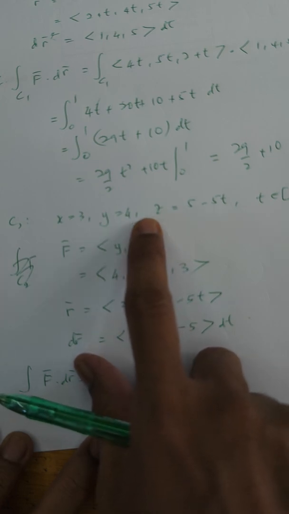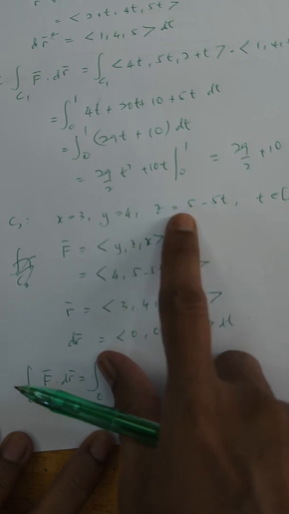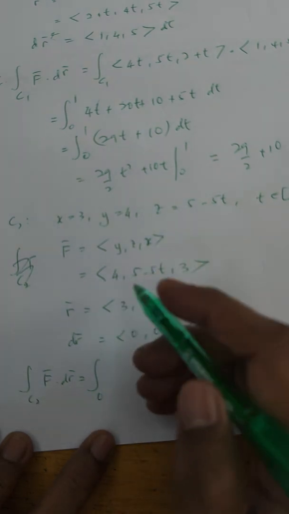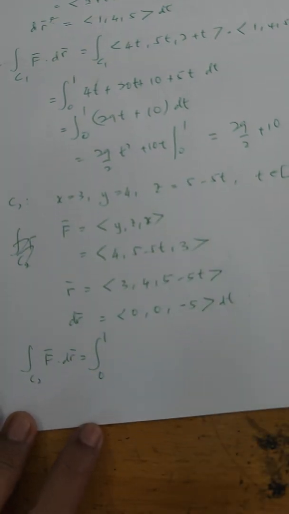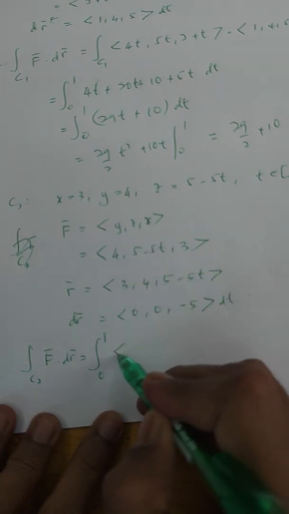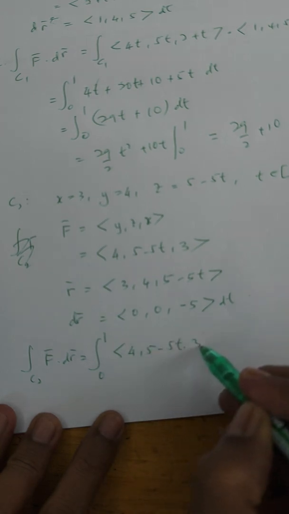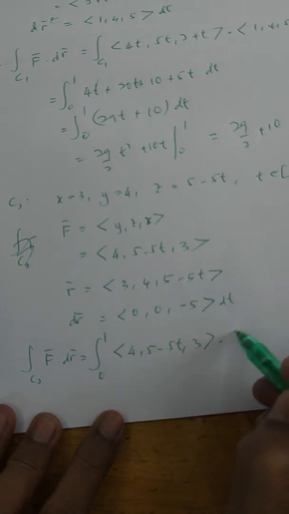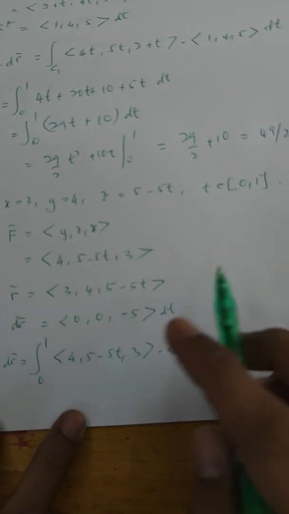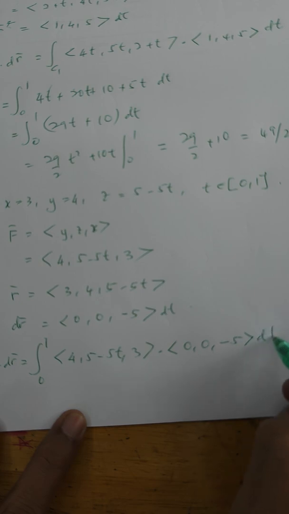When z equals 0, you got t equal to 1. So 0 to 1, yes. And then our F is (4, 5 minus 5t, 3) dot our dr, which is (0, 0, minus 5 dt).